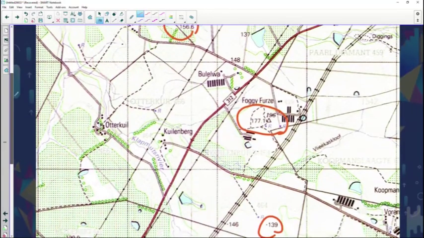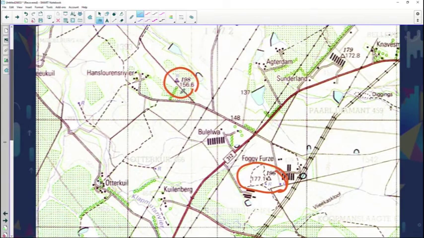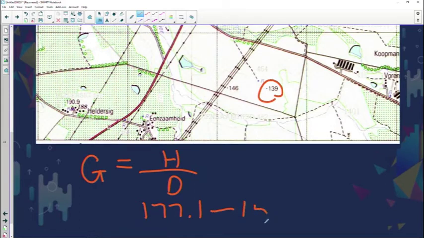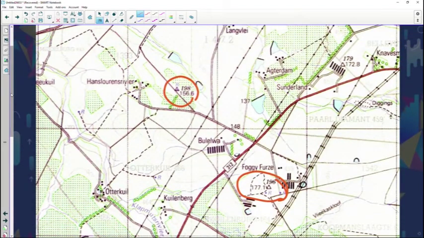You've got 15 apples. I've got 25 apples. What's the difference? We need to get the height difference. So 177.1, if you look over here, subtracting the lowest, 156.6. And secondly, we need to calculate the distance between the 2 trig stations.